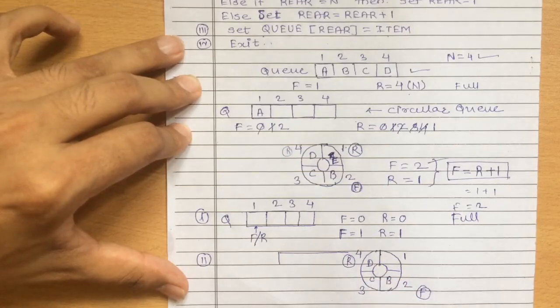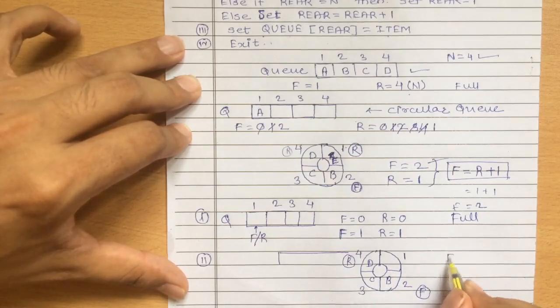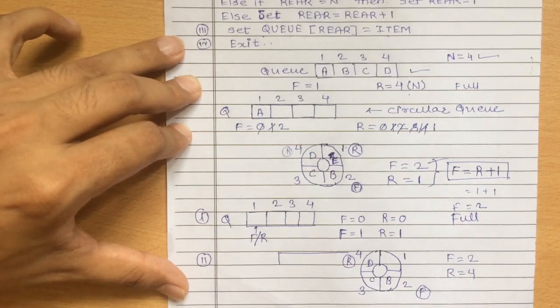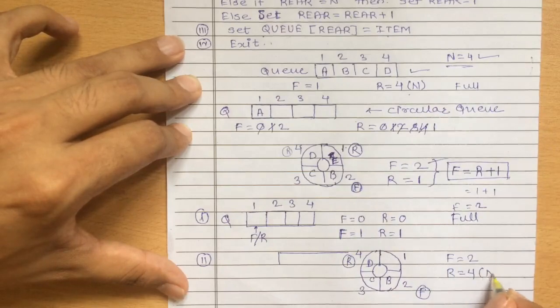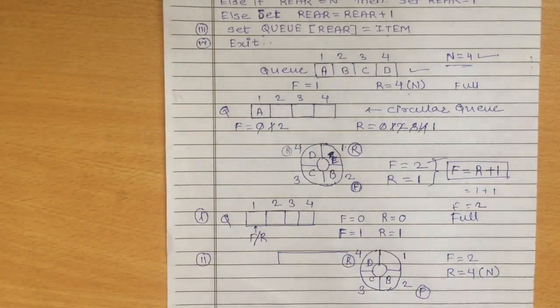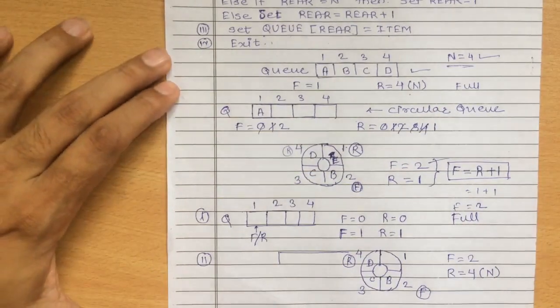In this case, if we look over here, one space is available to insert an element in the queue. So now I have to insert this element. In this case, my front is equal to 2 and rear is equal to 4. 4 means it is equal to n, that is, the last element is present at the last location of the queue.